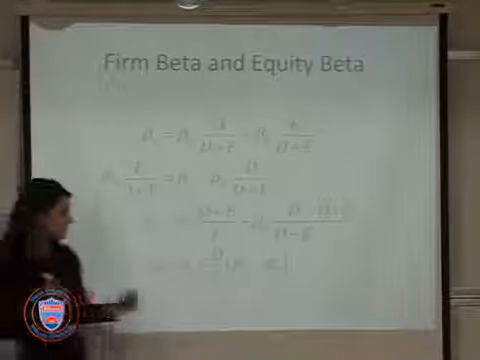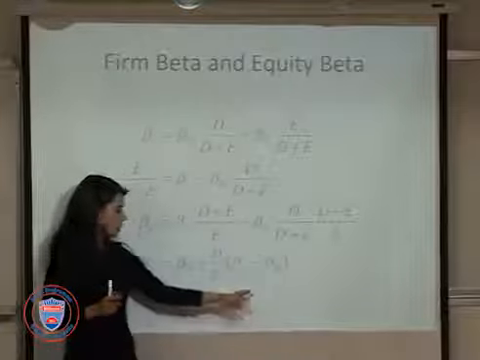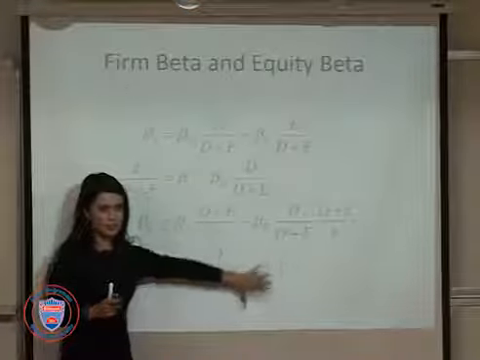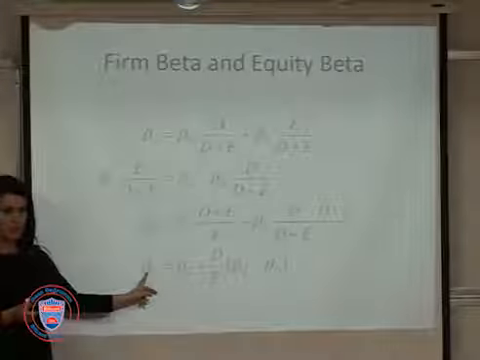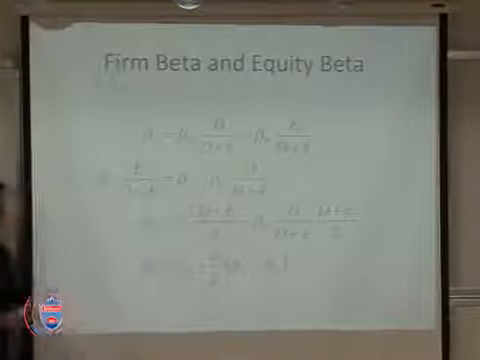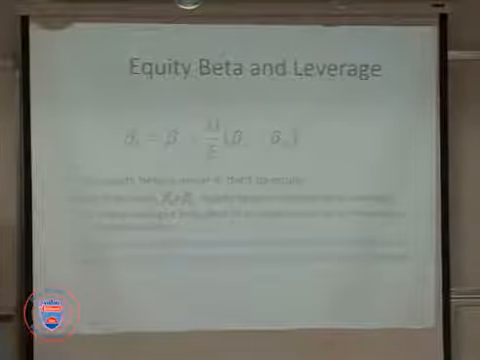As I said before, generally, debt beta is taken as 0. So this part will always be positive. And in that case, when you increase debt to equity ratio, equity beta will increase.